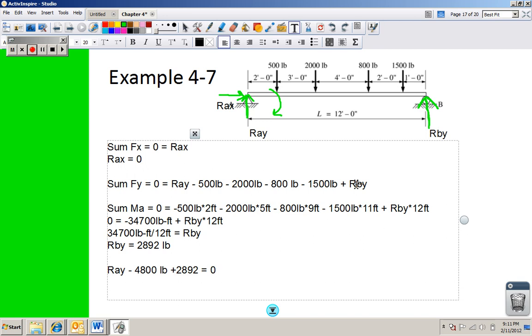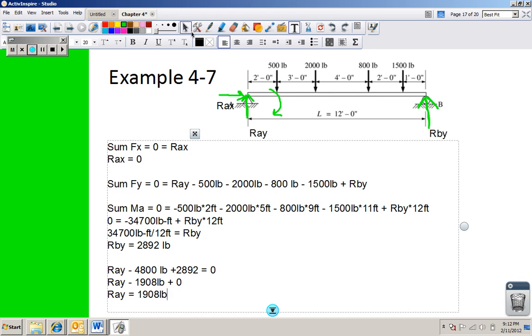Alright. Okay, so I get RAY minus 1,908 pounds is equal to 0, and RAY is equal to 1,908 pounds.